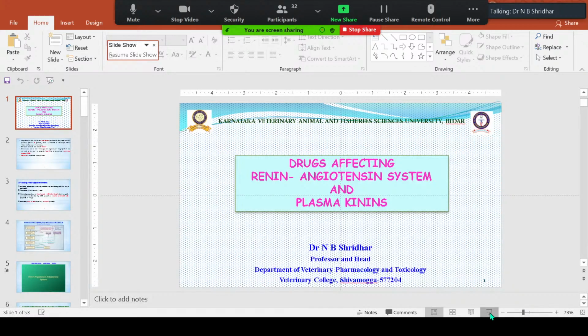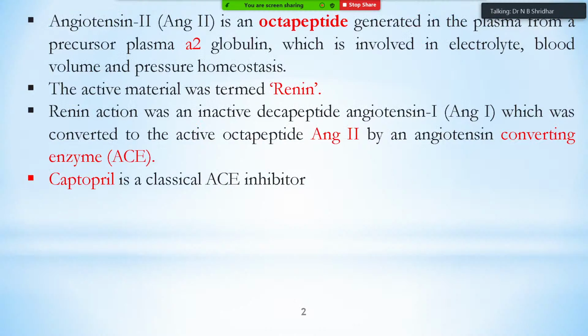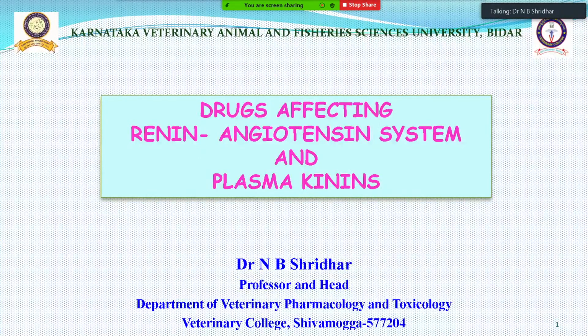So we have already learnt the autacoids like the eicosanoids, the prostaglandins PGE2, PGF2 alpha, PGI2, and the leukotrienes, and also platelet activating factor as some of the important drugs which can be used in treating several disorders.